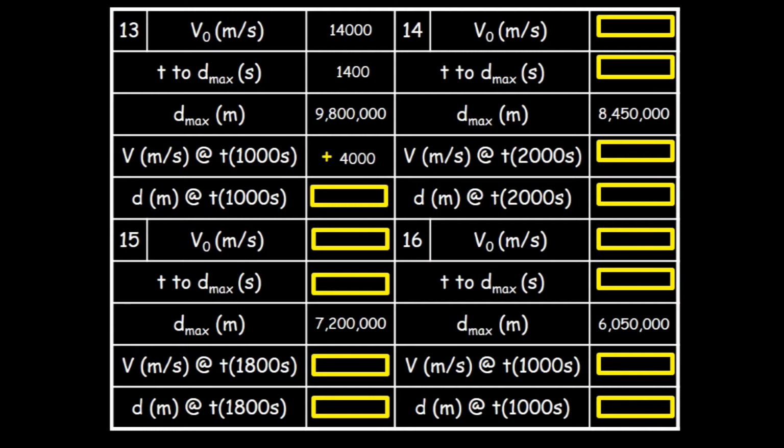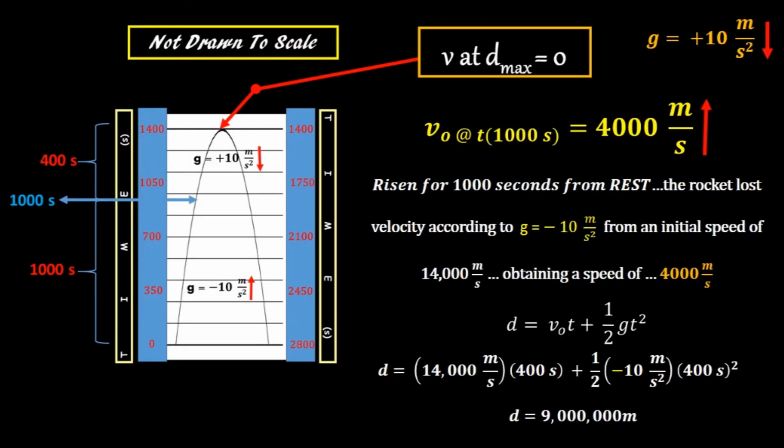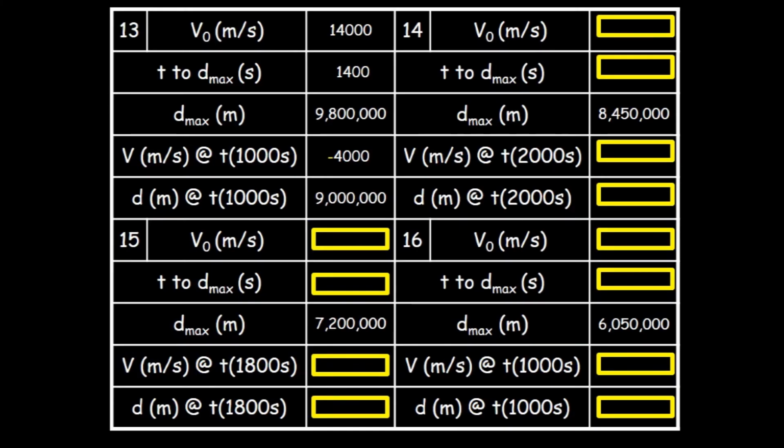So that's going to mean that when you plug in, you're going to say 14,000 times the time left over, plus 1/2, then that's negative 10 times, again, the time left over squared, and that's your answer. Okay, then you put it into the data table, and there you have it.